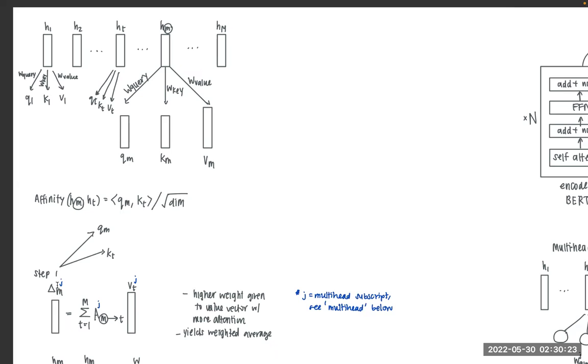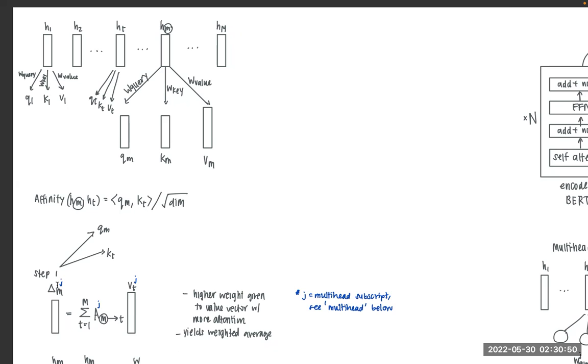So imagine that in a cocktail party, each guest, each person has say 3 heads, 1 to 3. A person's head 1 talks to other people's heads 1, a person's second head talks to other people's second heads, and a person's third head talks to other people's third heads.